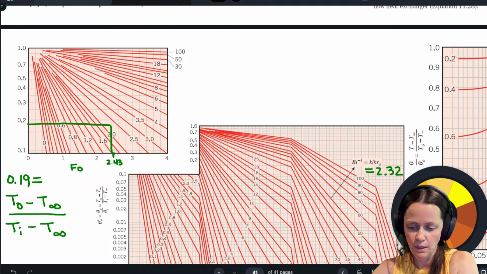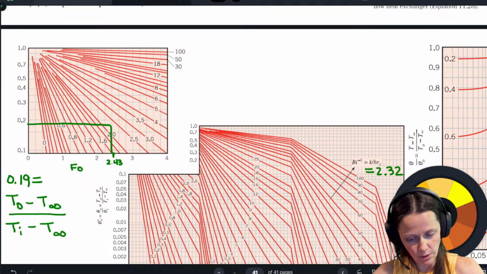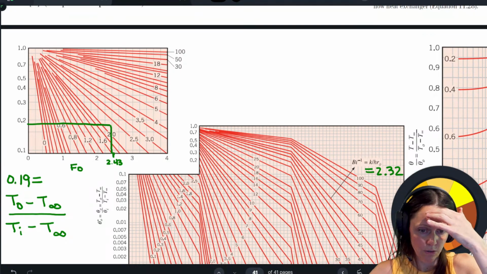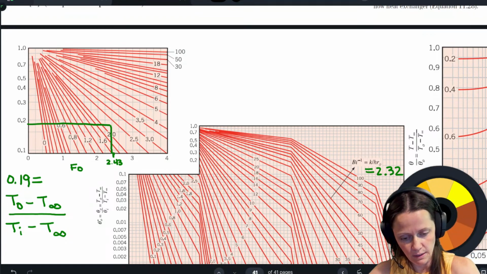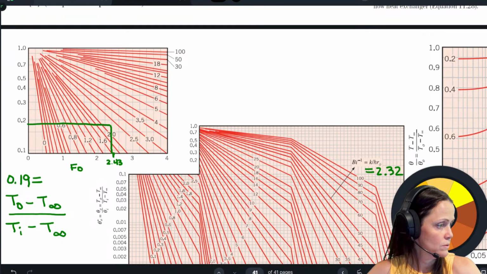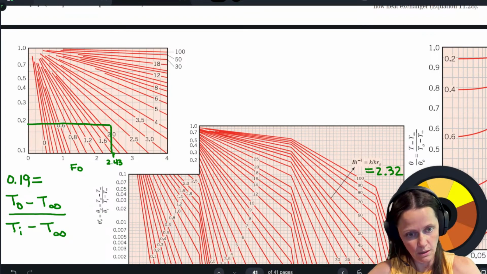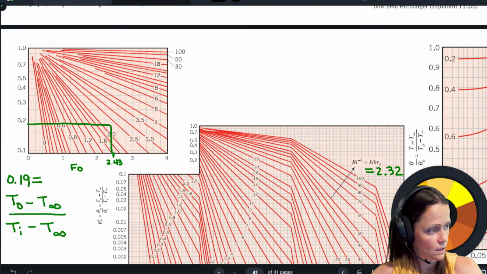Make sure that we haven't done anything squirrely. So 0.19 times our T initial, 85 minus 1700, plus the 1700.